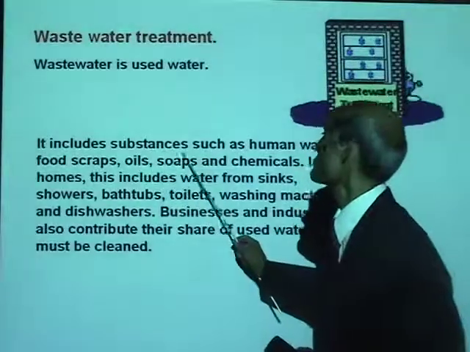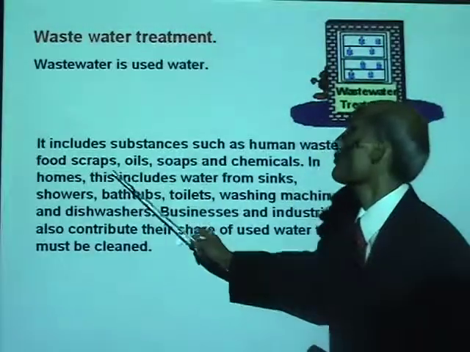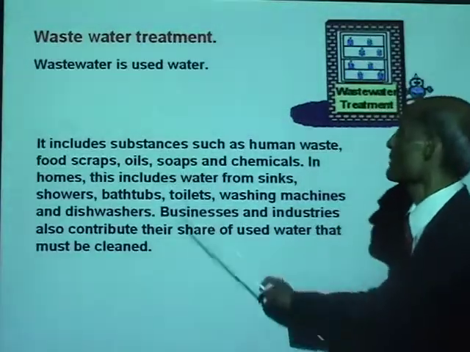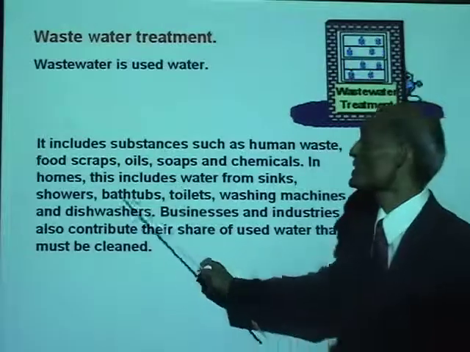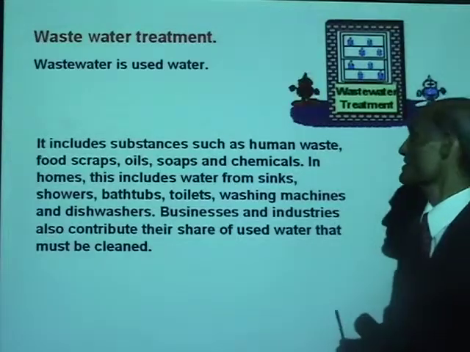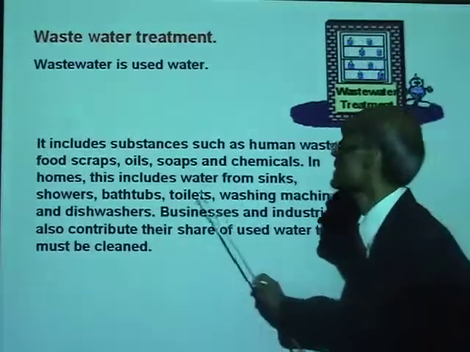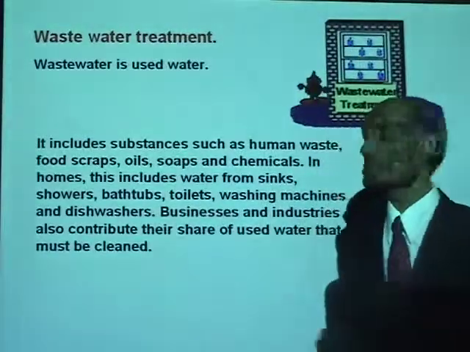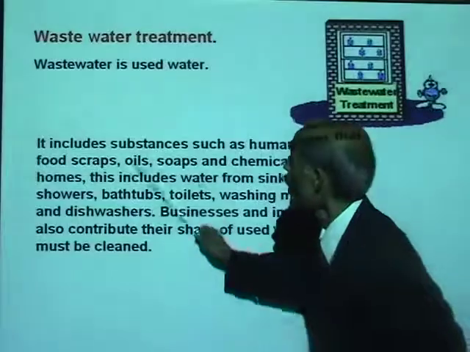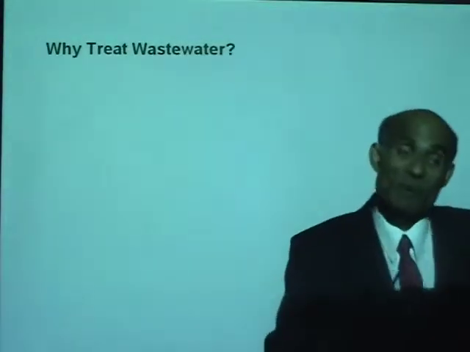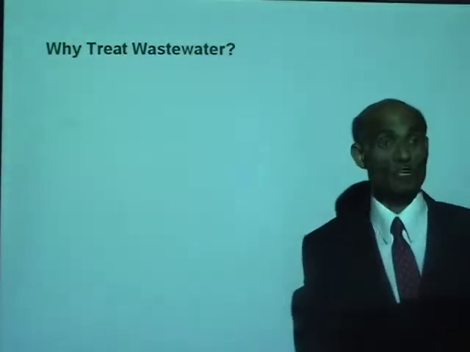It includes substances such as human waste, food scraps, oil, soaps and chemicals, and in homes that includes water from sinks, showers, bathtubs, toilets, washing machines and dishwashers. In business, it includes the water that is used for various business purposes and so on, and all that is wastewater. And if you can clean it, you can reuse it for other purposes, like watering your lawn, for example.